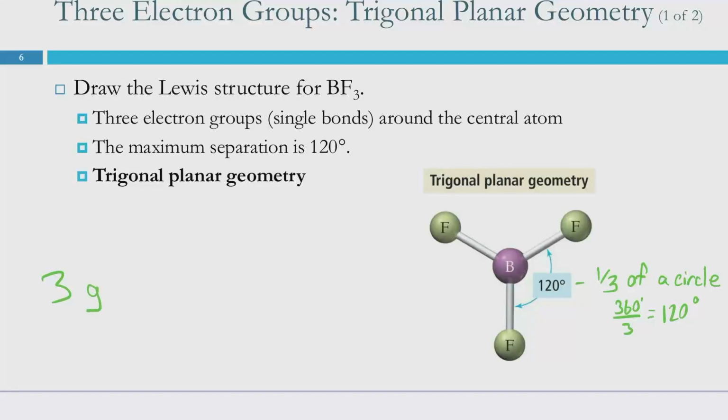So 3 groups is trigonal. Tri meaning 3. If I remember correctly, the gonal part means points. And it's also planar. Planar here meaning that it's flat, it's in a 2-dimensional plane.